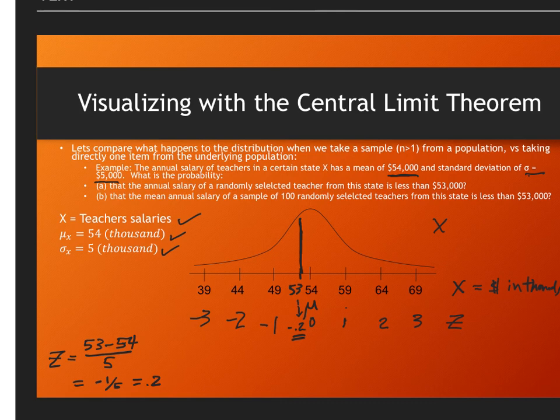So it's -0.2 standard deviations to the left. Now with our technology, it's not necessarily important to know that, because we don't have to know what the Z-score is, but I do want to do that just so you can see the connection there. And we want to know the probability of selecting someone that's less than that, so I'm going to go ahead and shade here to the left.